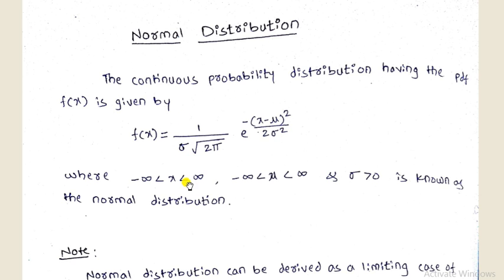In this formula, x and mu values lie between minus infinity to plus infinity, and sigma value is always greater than 0. So this formula is known as normal distribution.